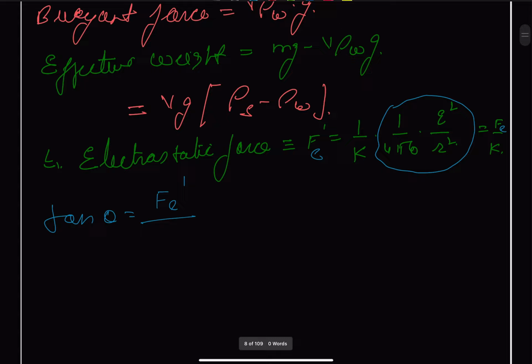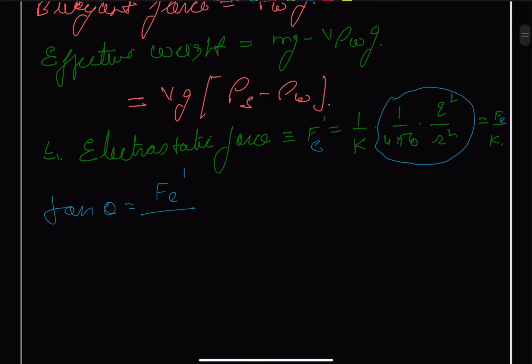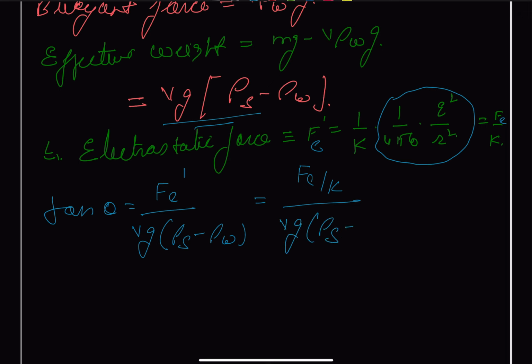Here net weight is our mg, which we just found out is Vg times density of solid minus density of the water. And we just substitute our Fe prime. Fe prime is Fe upon K, divided by Vg (rho s minus rho w).